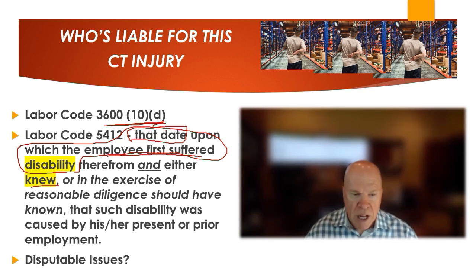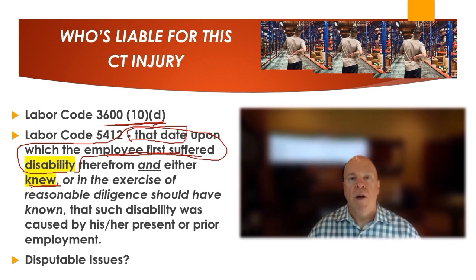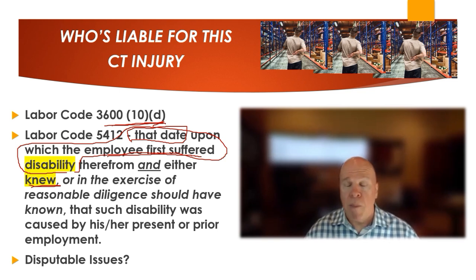And either knew. Can you imagine an injured worker saying, I never knew that the disability, my cough, my skin cancer, my bad lower back, I never knew that that was in any way due to my present or prior employment. I didn't know that.